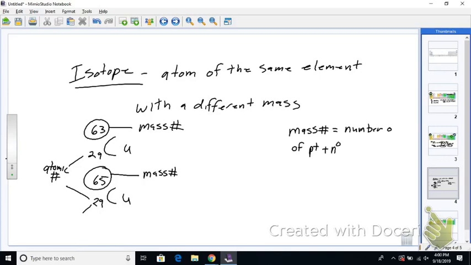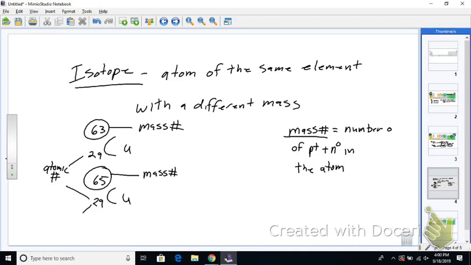I use N0 for neutrons to shorten it up, in the atom. Alright, so that's what the mass number indicates. The mass number of copper is 63 for that particular isotope. And we also have another isotope with a different mass, but the same number of protons, as copper 65. So that's the number of protons and neutrons in the nucleus.